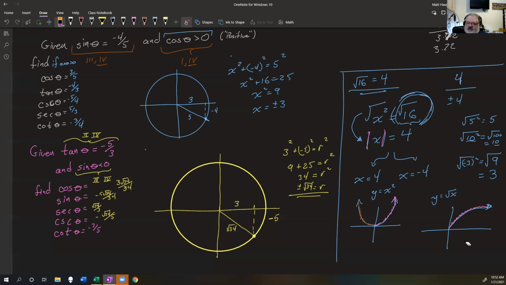Our inverse trig functions are going to be restricted. So when we find our inverse trig functions of particular values, we're only going to get one answer, and it's going to be the one answer within our restriction. But when we go to solve, we're going to have to undo that restriction and pay the price for it.